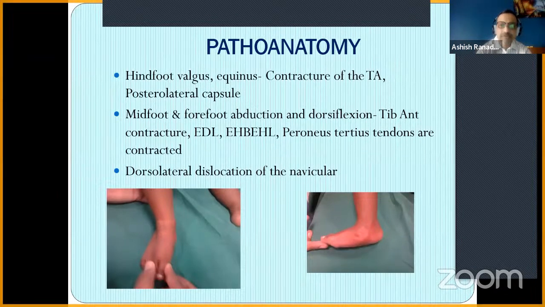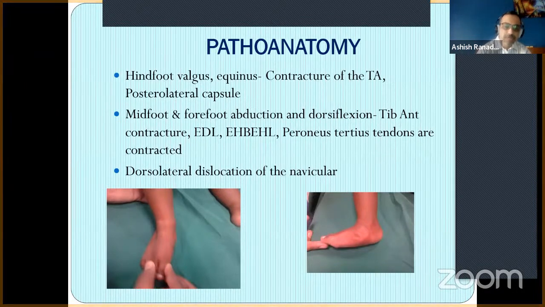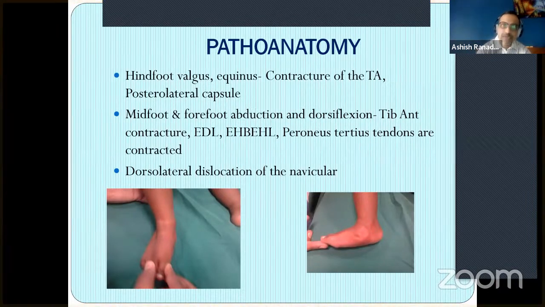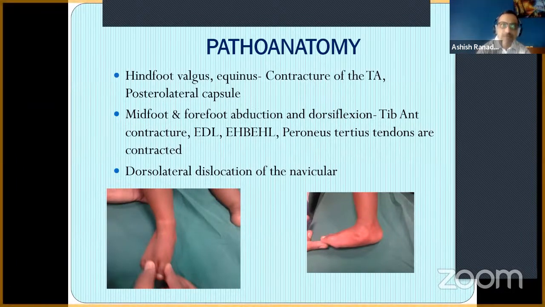It is associated with tibialis anterior contracture, contractures of the extensors and peroneus tertius, and the hallmark is the dorsolateral dislocation of the navicular on the talus. In severe cases, it can be associated with dislocation of the cuboid over the calcaneus. That is a continuation of the spectrum, the severe form of congenital vertical talus.